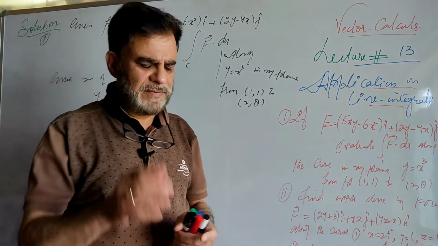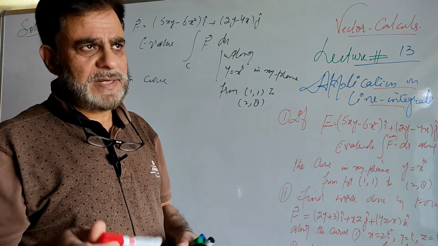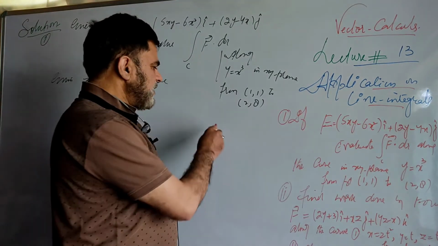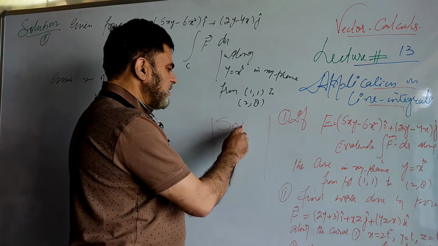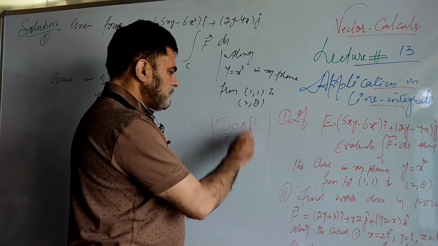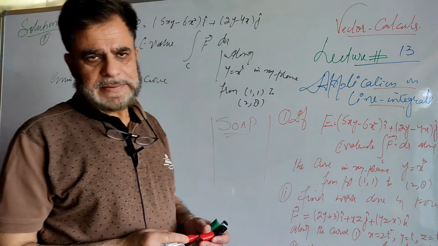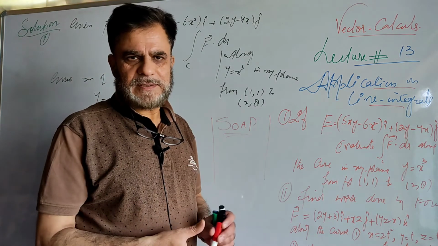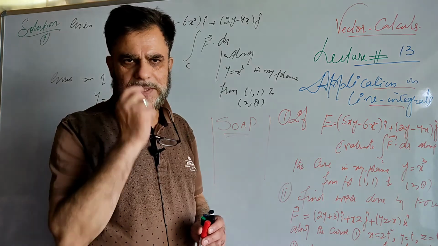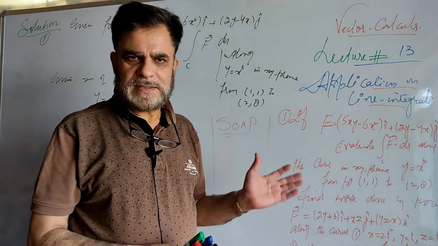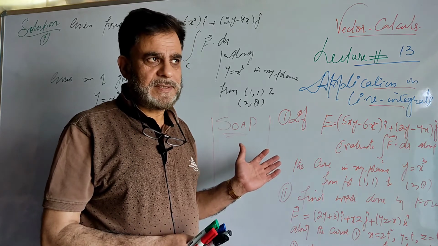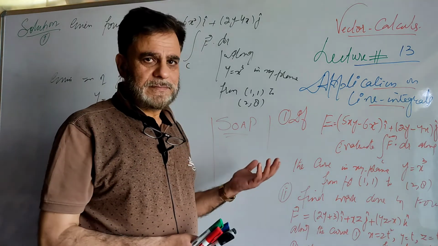Just to review this, some of you might have done the tracing. In tracing, the main thing is a shortcut method, SOAP. We need SOAP. It is the soap you are using nowadays in these pandemic days. This soap has an important application.